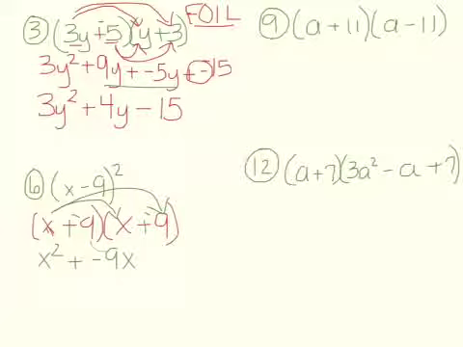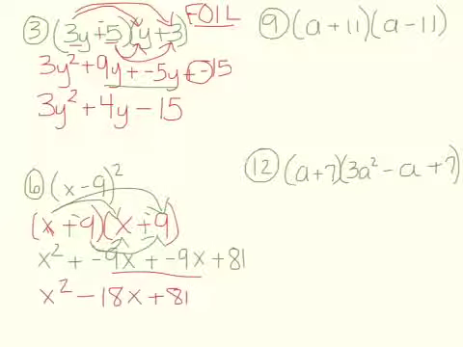Now remember, I need to distribute again with the negative 9. Negative 9 times x is negative 9x, and negative 9 times negative 9 is positive 81. Now I'll add my like terms in the middle and simplify. So I end up with x squared minus 18x plus 81.